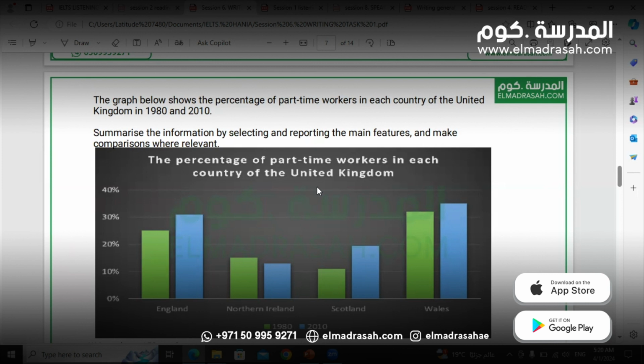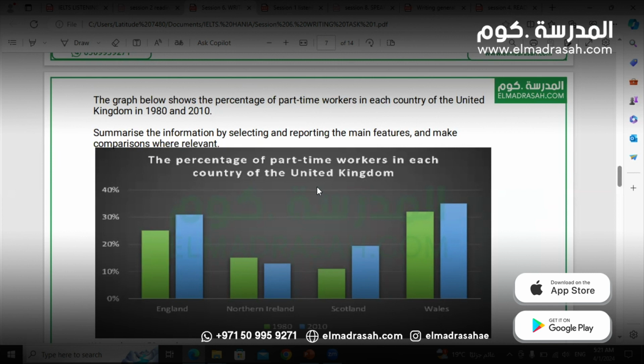And here we write 3 paragraphs, only 3 paragraphs, about 150 words in total. Those 3 paragraphs should be planned, written, and checked in 20 minutes only.